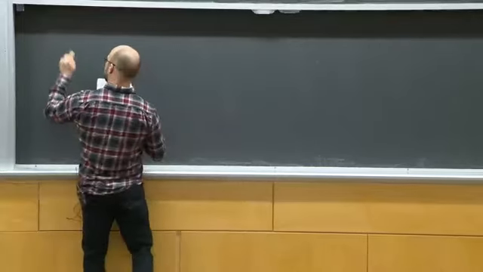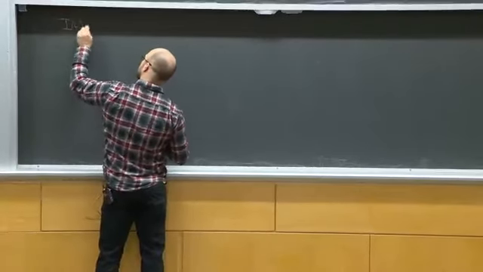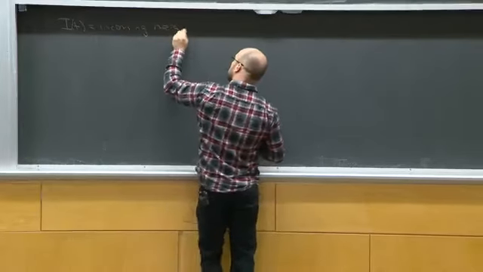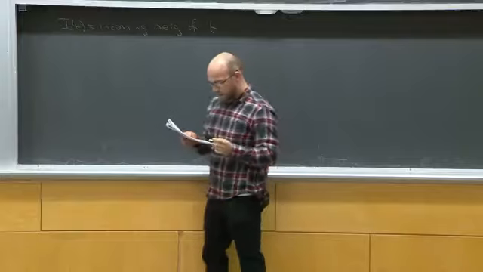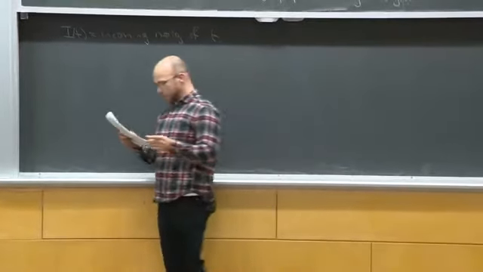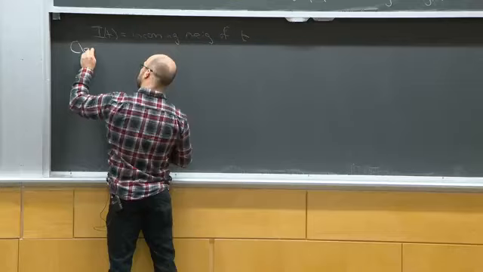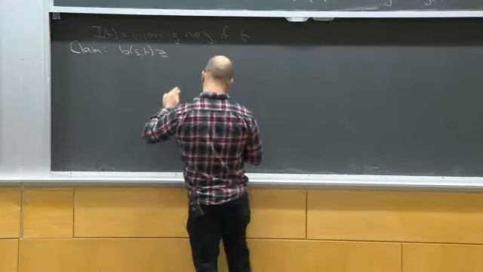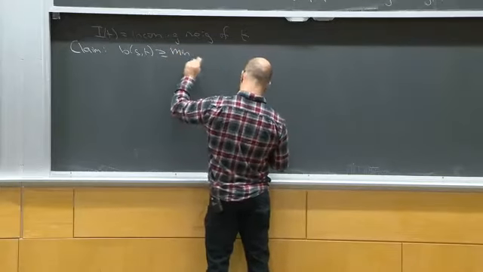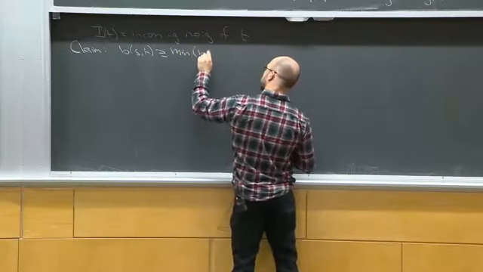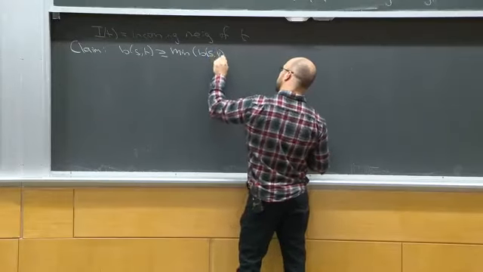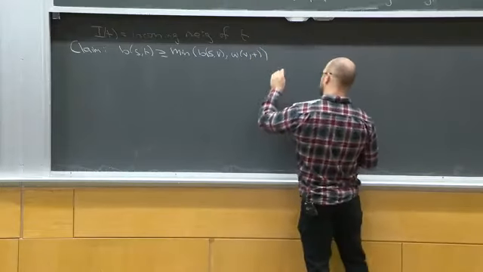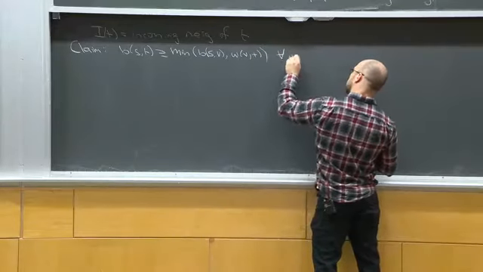We're going to make one additional definition, which is I of T is the incoming neighbors of T. And then the problem is asking you to prove a particular inequality here, claim, which is that B of S,T is bigger than or equal to the min of two values, B of S,V or W of V,T for all V in I of T.